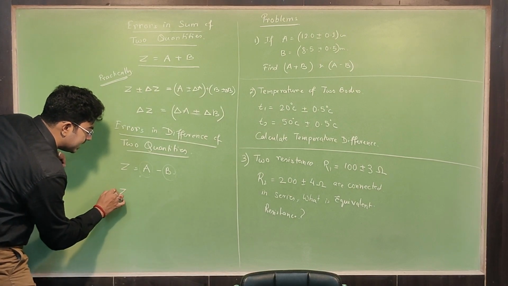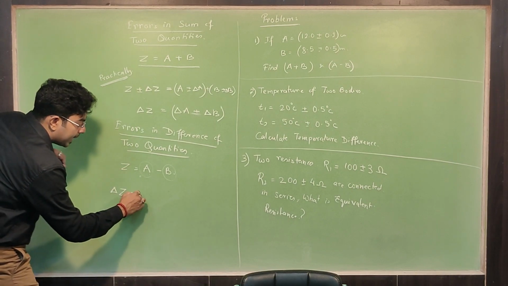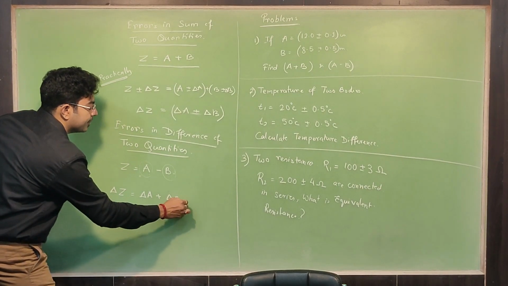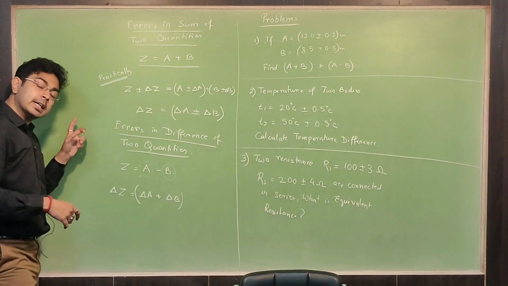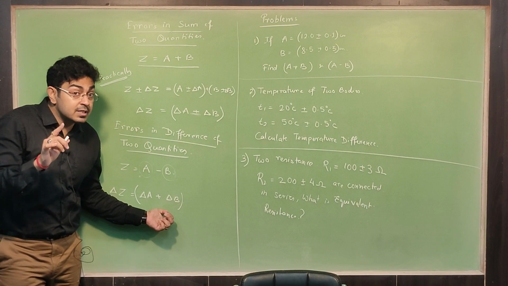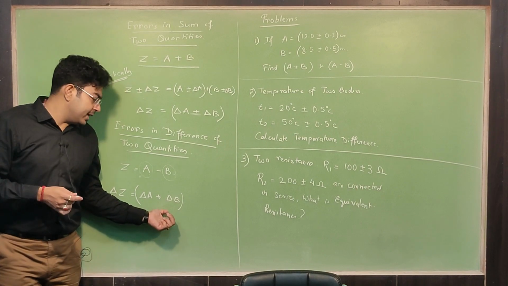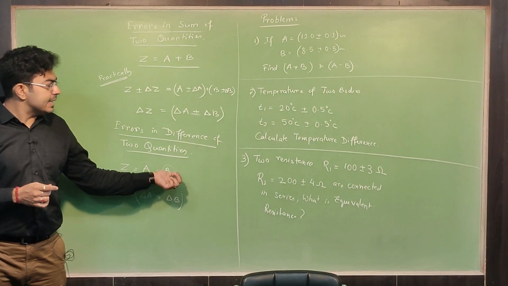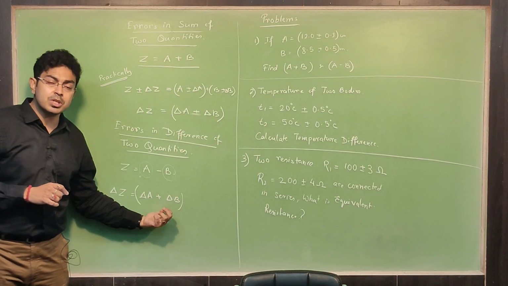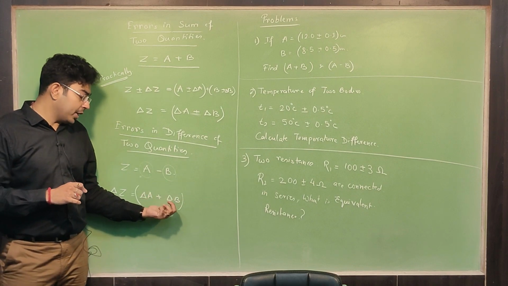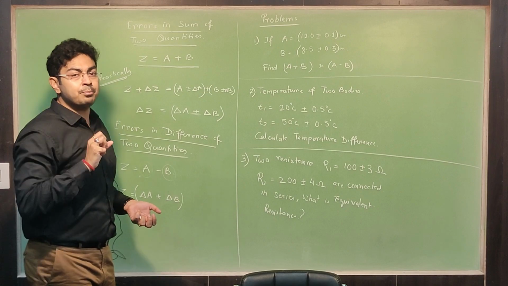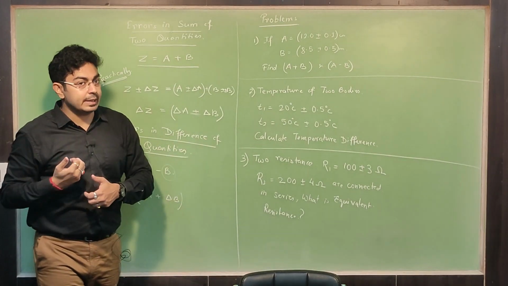So delta Z will be delta A plus delta B. Why am I adding here again? Because I want to find out the maximum possible error. You can tell me, sir, this is A minus B. When we are adding, we have an addition, no problem. But in this situation, we are subtracting. Still, why are we putting plus here? Because we want to find out the maximum possible error so that we can eliminate it.